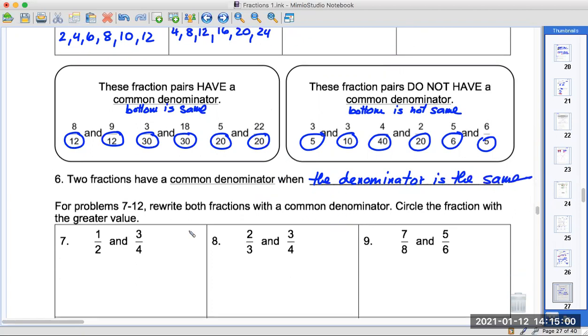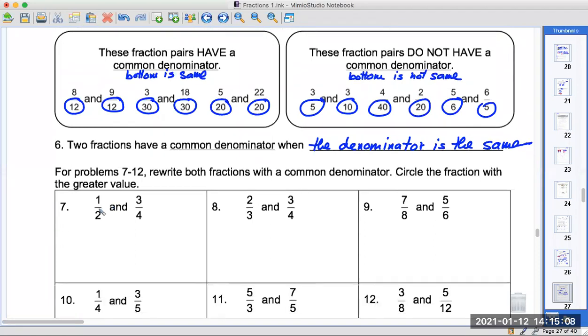Okay, so now we have to rewrite both fractions with a common denominator. Circle the fraction with the greater value. So two things we have to do, 1/2 and 3/4. We always change the smaller denominator to the bigger one. So the smaller denominator is 2, we've got to make it a 4. So we are using a big one, right?